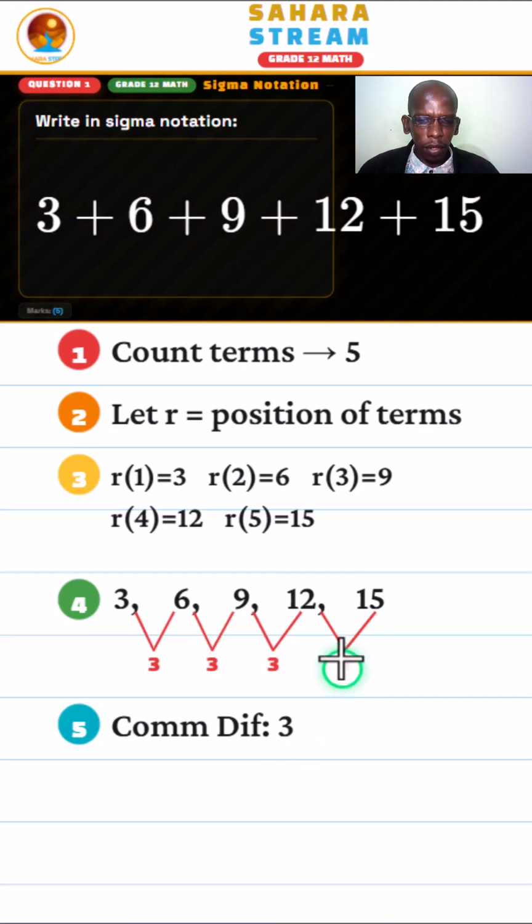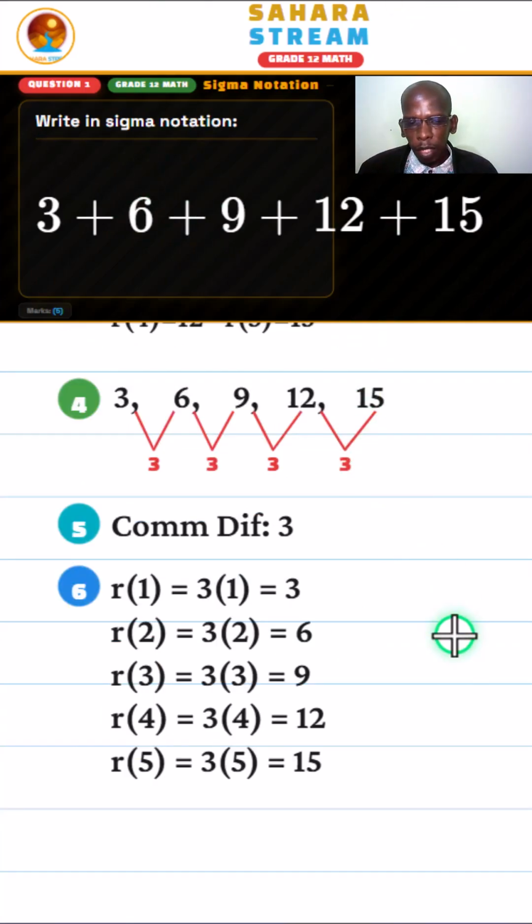Now that we know 3 is a common difference, we can use it to write these terms in sigma notation. But something even more interesting is that if you take the position of a term, for example 1, and multiply it with the common difference 3, you get 3, the term in the first position.